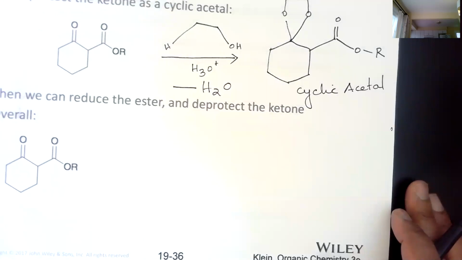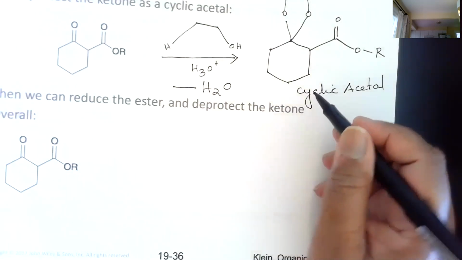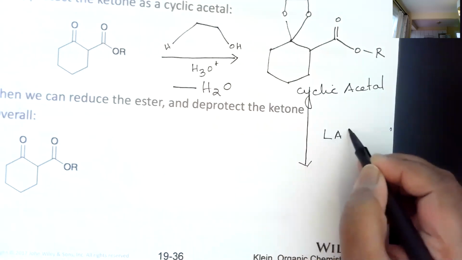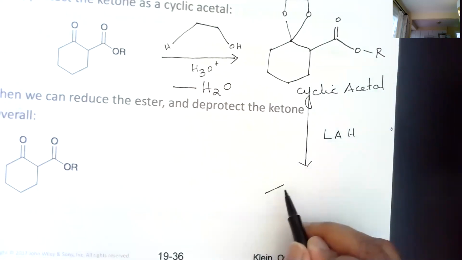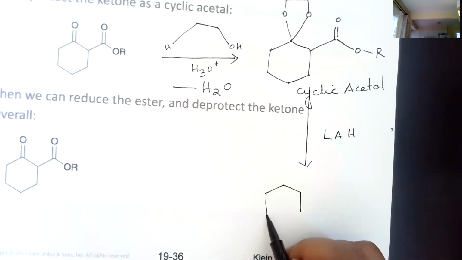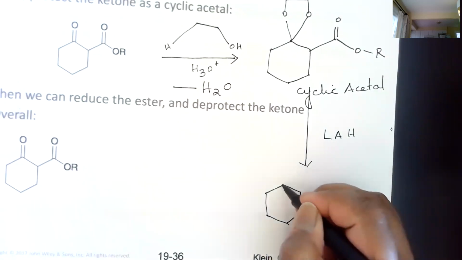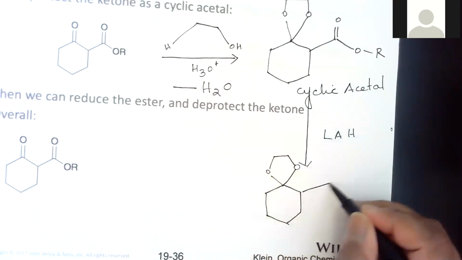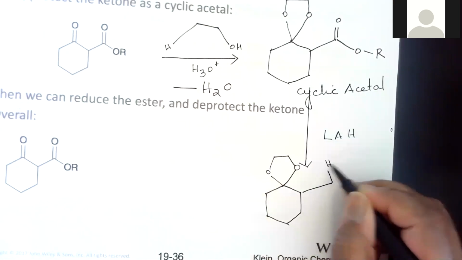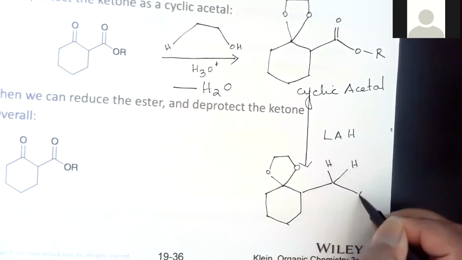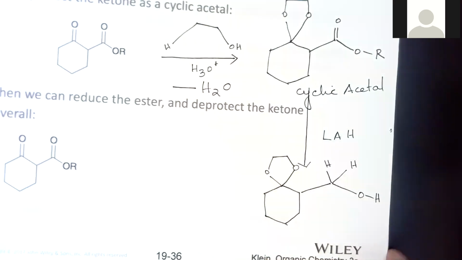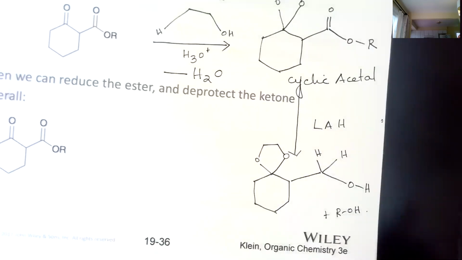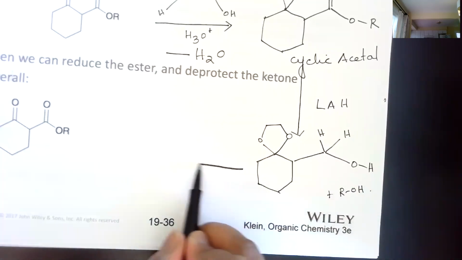Now, while that is blocked, the LAH reduces the ester, and you'll have another ROH on the side. And then what do you do to remove the protecting group?